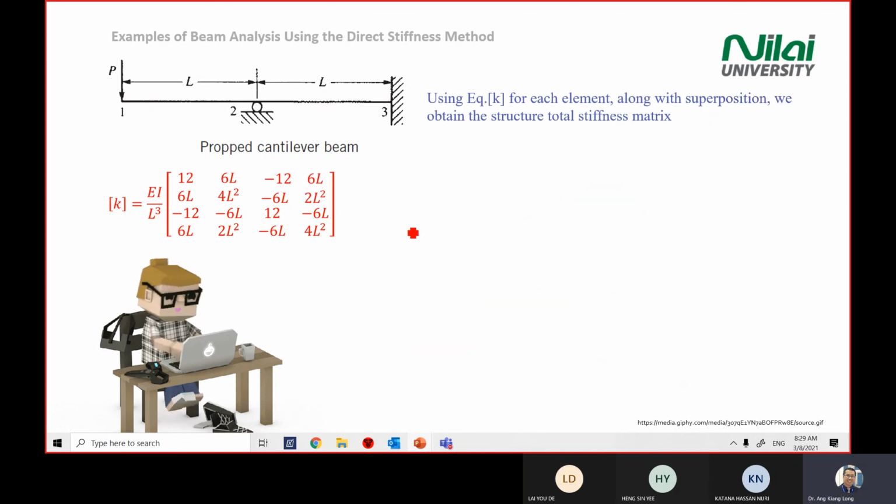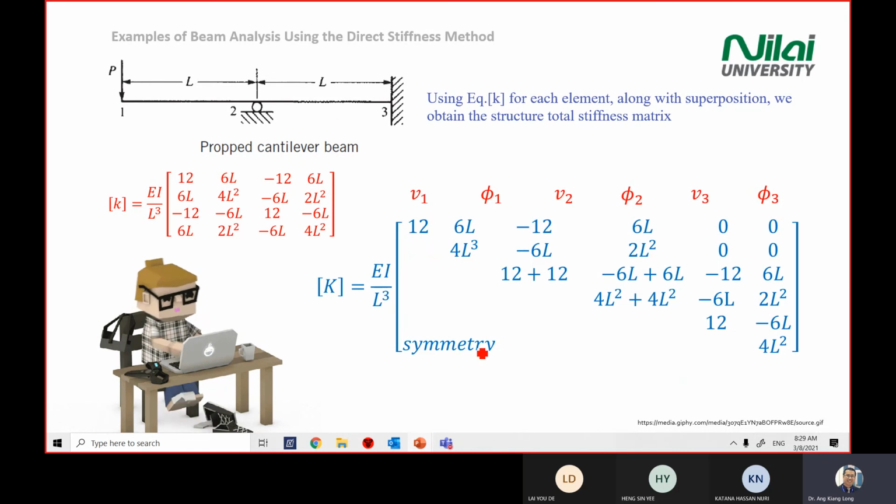So this is the first we expect from you. You need to know how to build the element 1, 2 into a global matrix. Of course, in final exam, it will be 3 elements.